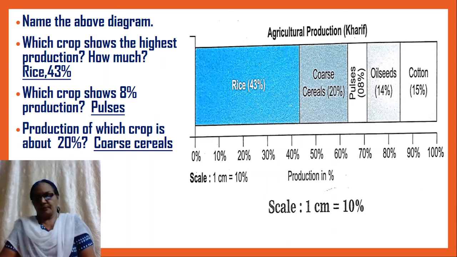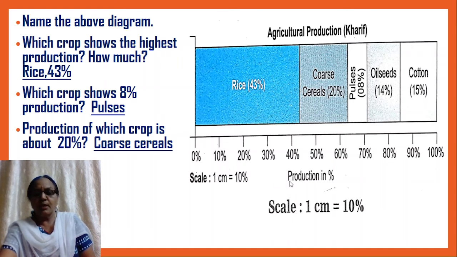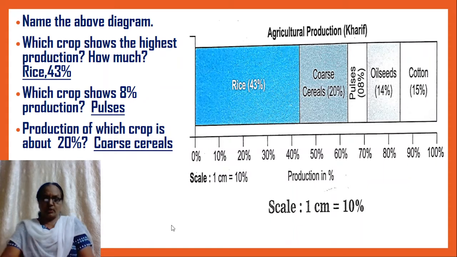Next one. Now here you have on the x-axis production in percentage. This shows the production of various agricultural crops. Here each 1 centimeter is equal to 10%. So we have till 100 on the x-axis. You can find various crops here, the percentage of which is also written.